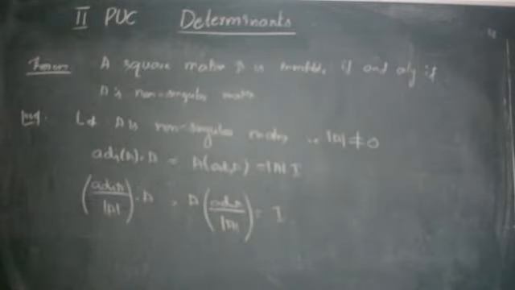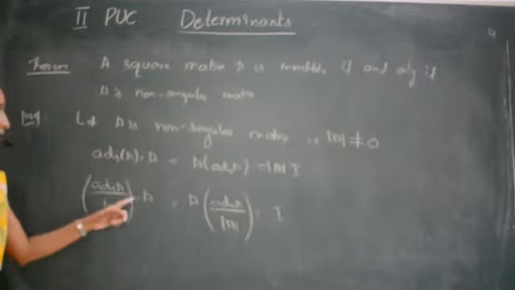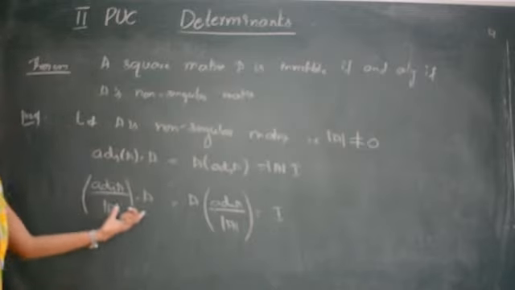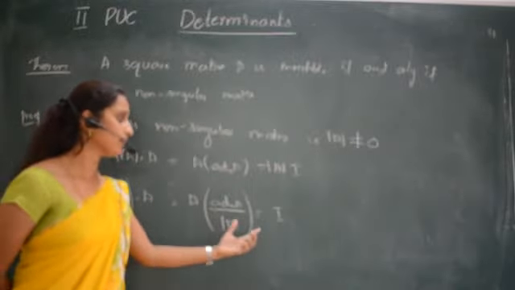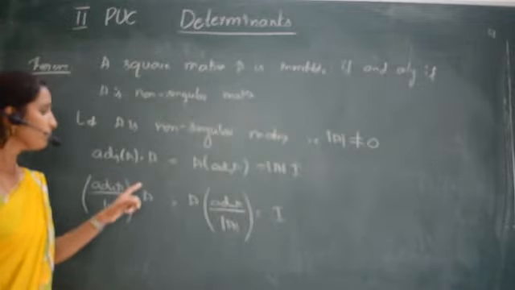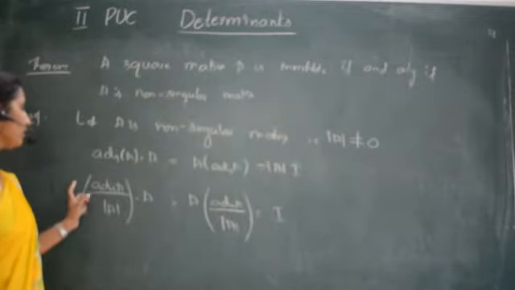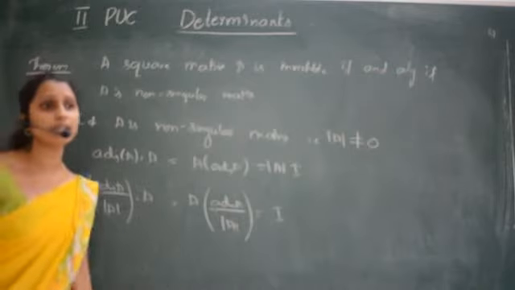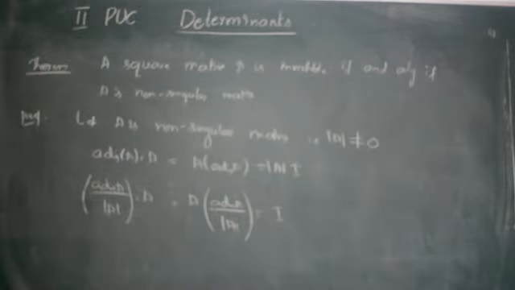We know that if A is a square matrix and there exists one more matrix B such that AB is equal to BA is equal to I, then B is called the inverse of the matrix, and A is invertible. That is our conclusion. So this implies A is invertible, and the inverse is given by adjoint A by determinant A.